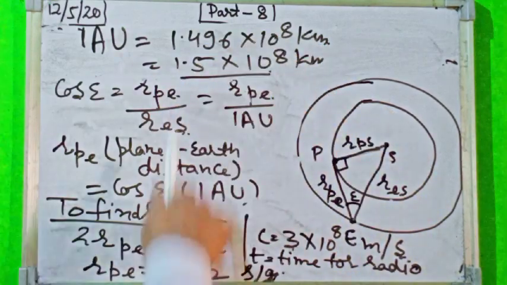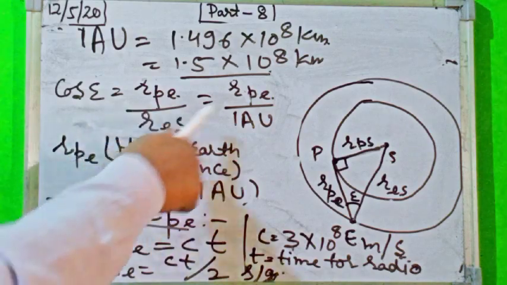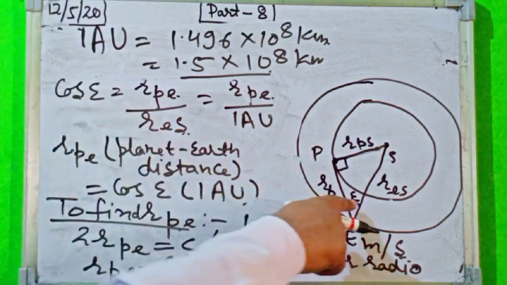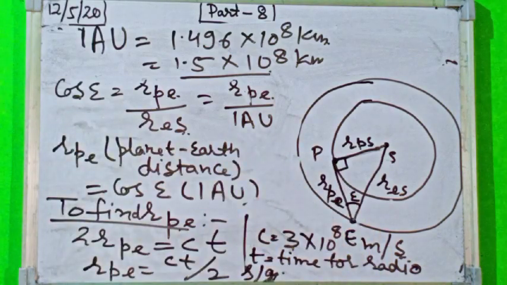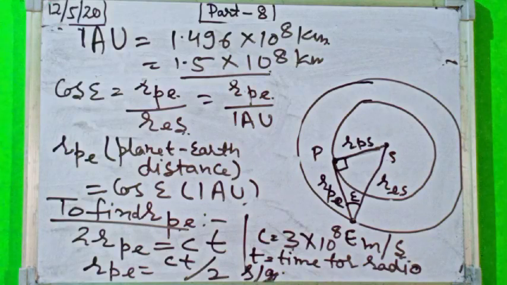Putting the value of 1 astronomical unit and knowing the value of RPE, you can find the value of cos epsilon, and from here you can get the value of epsilon. And as you know the value of epsilon, it is easier to calculate the value of RPS and RES. Both the values you can calculate easily.